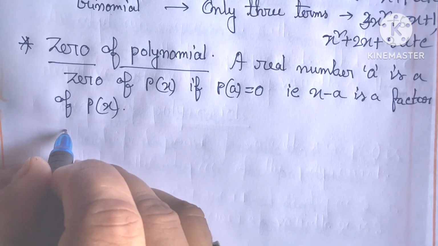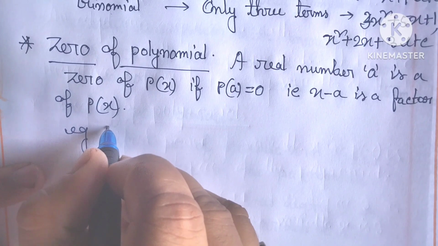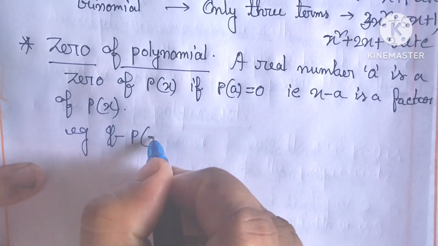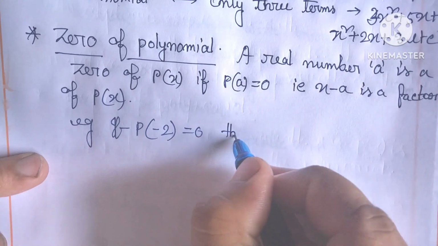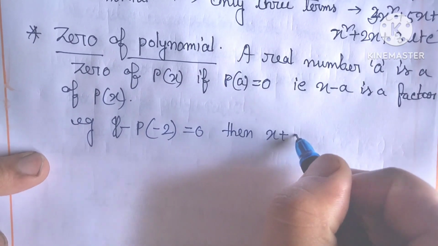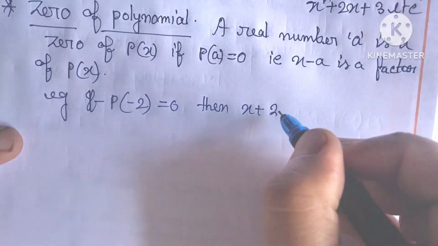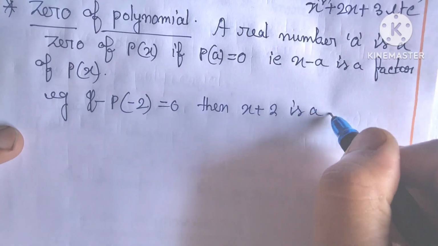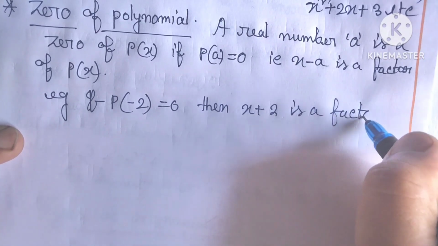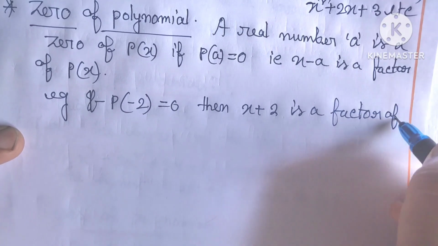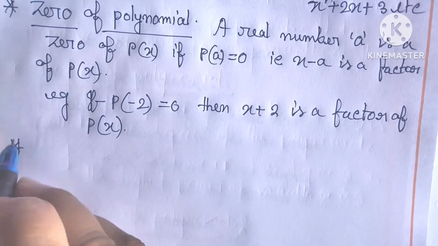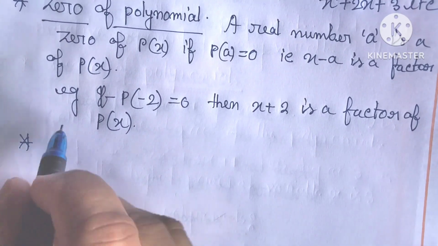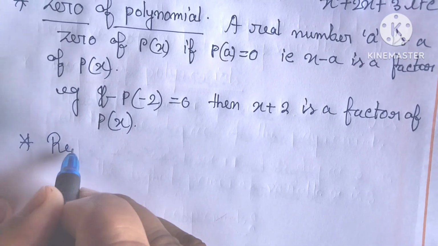For example, if P of minus 2 equals 0, then x plus 2 is a factor of P of x.